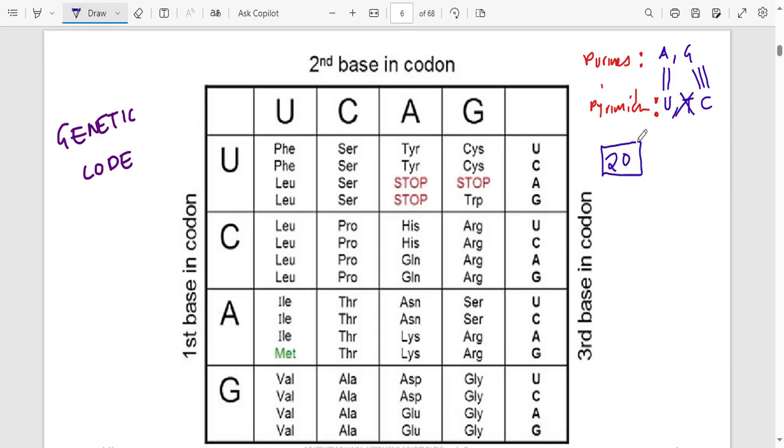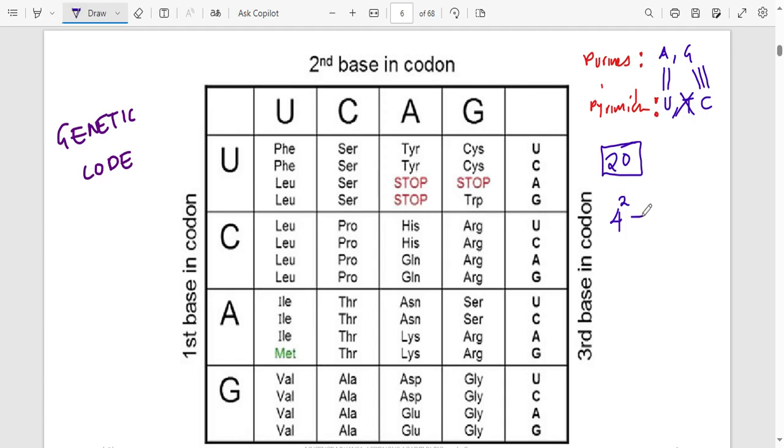So the way they came up with the genetic code is they said, okay, we want to form 20 amino acids, and we have got four bases. If we arrange these four bases in groups of two, like A with U, A with C, A with G, that will be four squared.